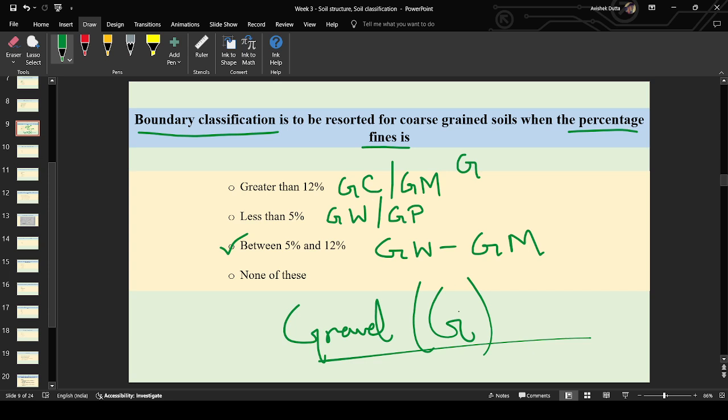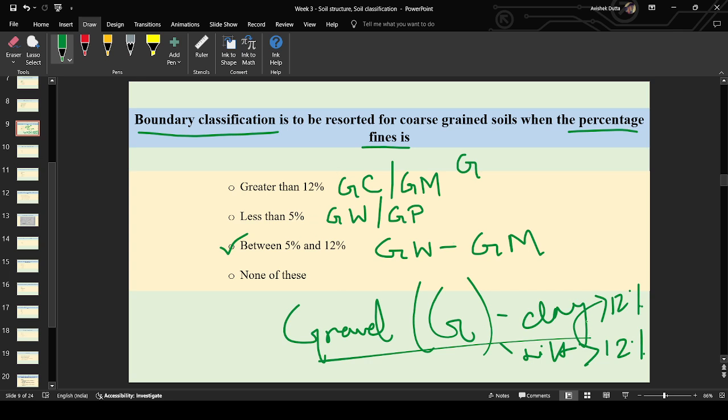So suppose this gravel contains clay and the clay percentage is more than 12%, then we'll write GC, that is clayey gravel. And suppose it contains silt and the silt percentage is more than 12%, then we'll write GM, silty gravel. So these are the two extremities.